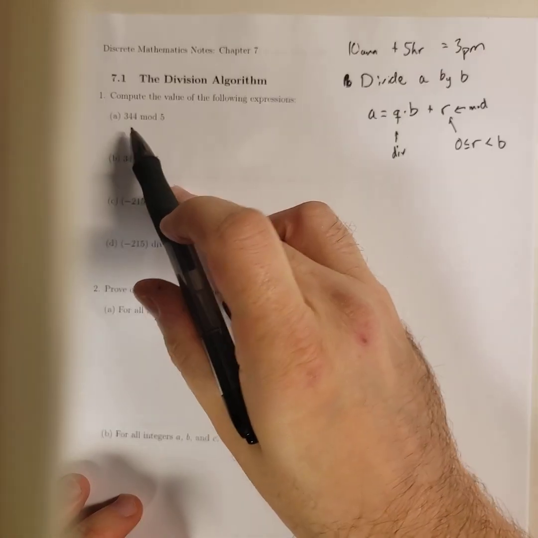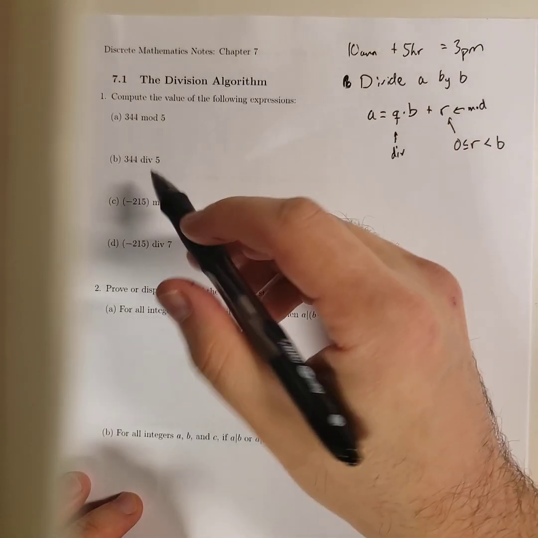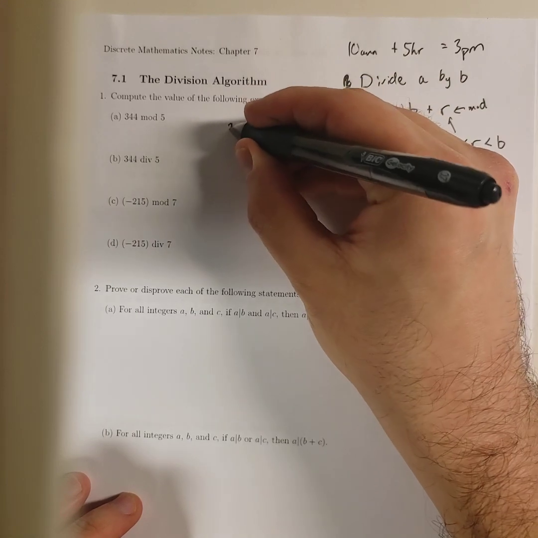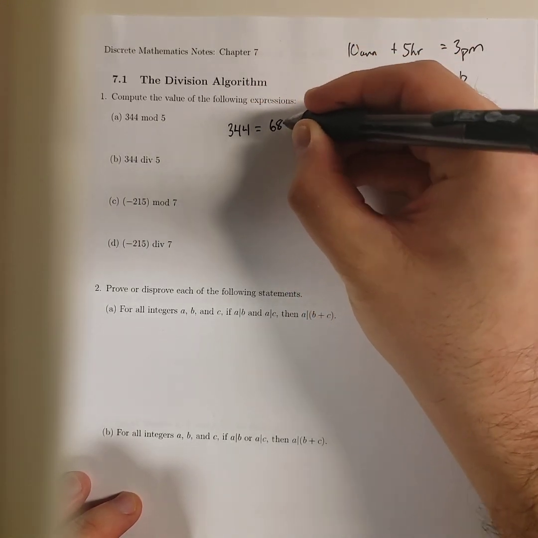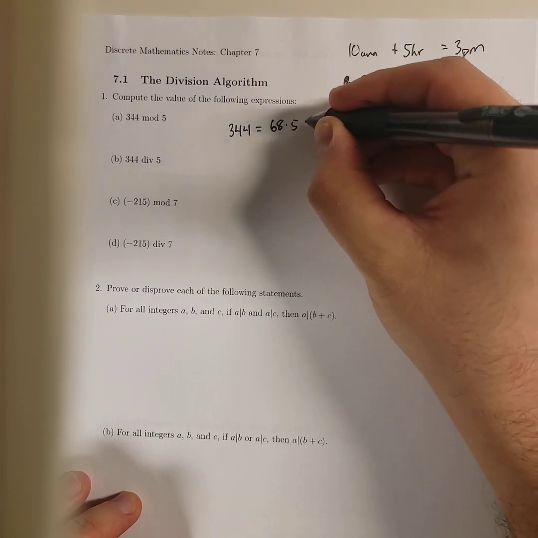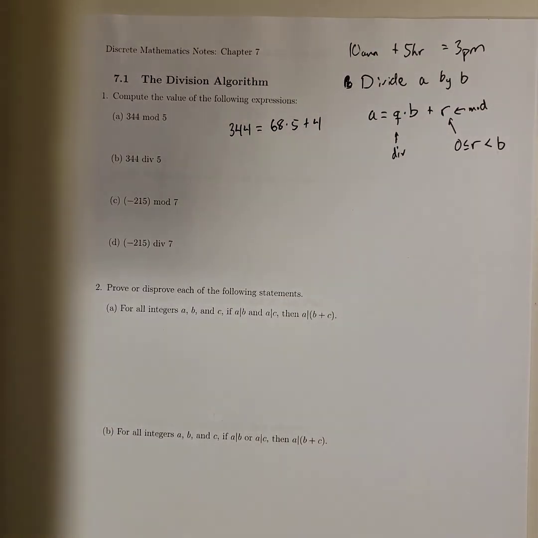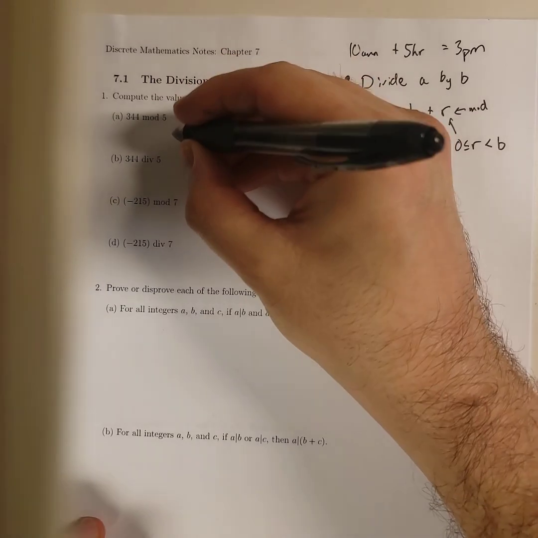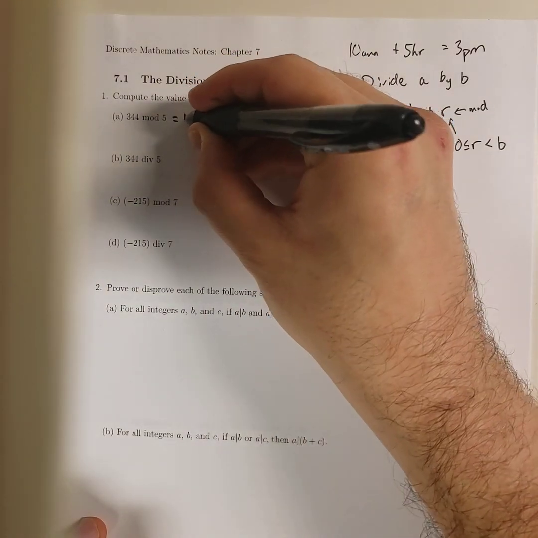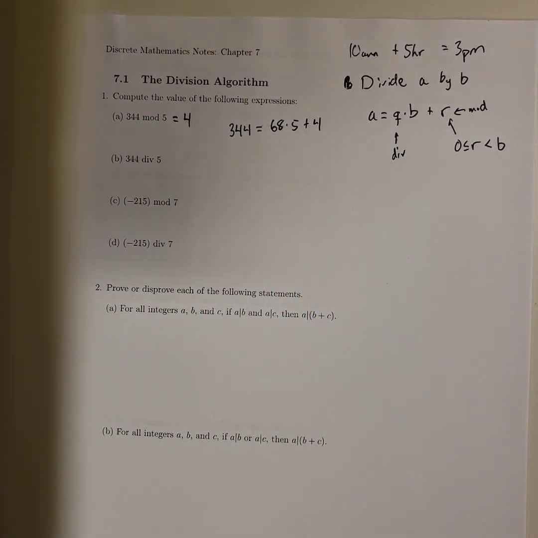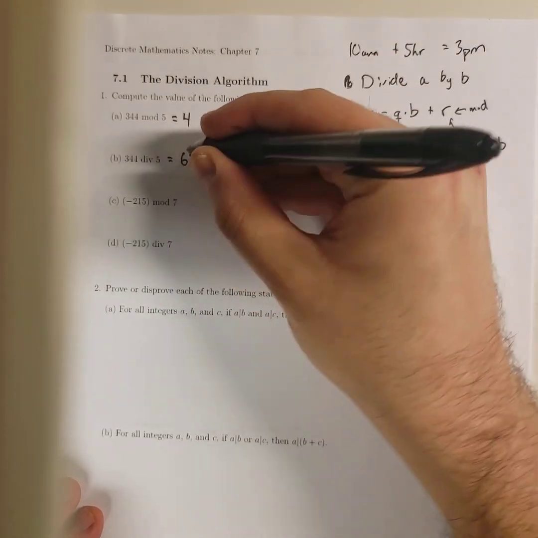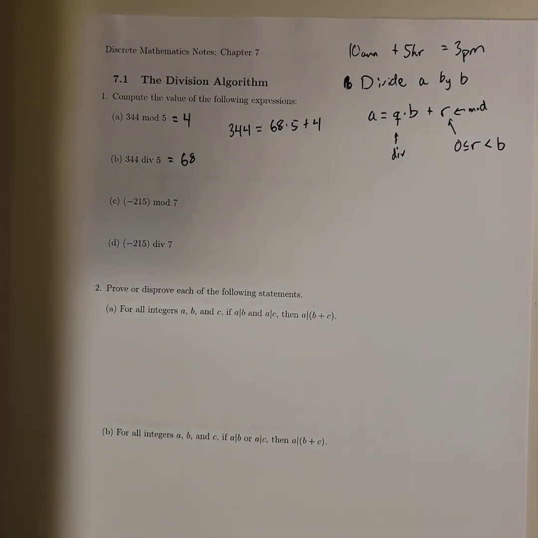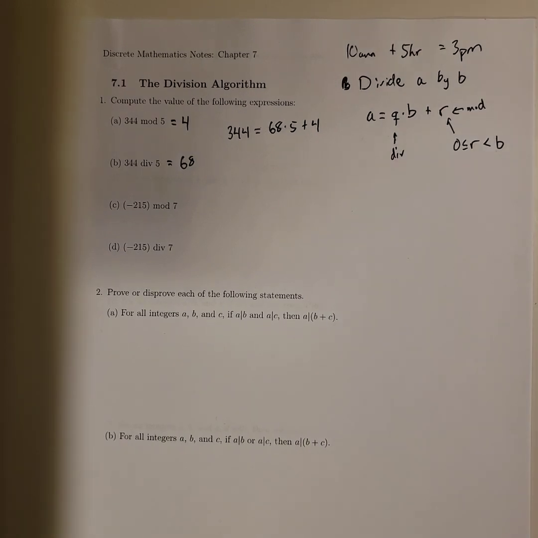So let's take a look at dividing 344 by 5. It would go in 68 times with a remainder of 4. So mod 5, it's 4. It's just asking for the remainder. And div 5, it's asking for the quotient. So this would be 68. These two functions are just asking for the remainder and the quotient.